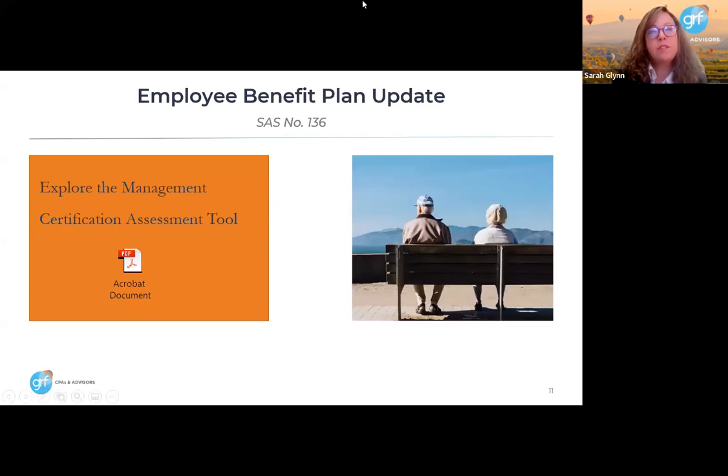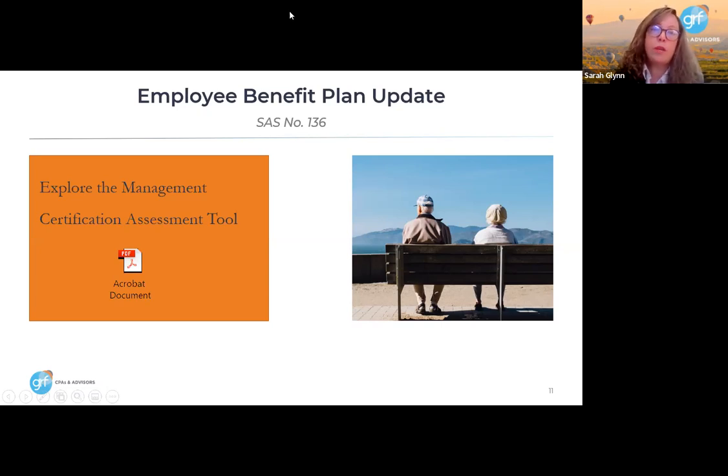Okay, on the next slide, we have embedded a PDF of the AICPA's Employee Benefit Plan Quality Control Center assessment tool that I discussed earlier. This assessment tool is about 8 pages, and we recommend this document as it provides some extremely beneficial information.